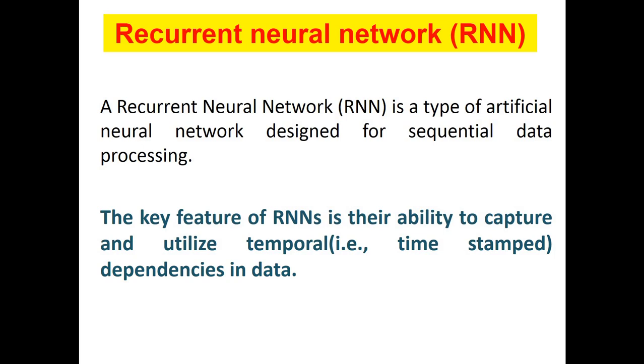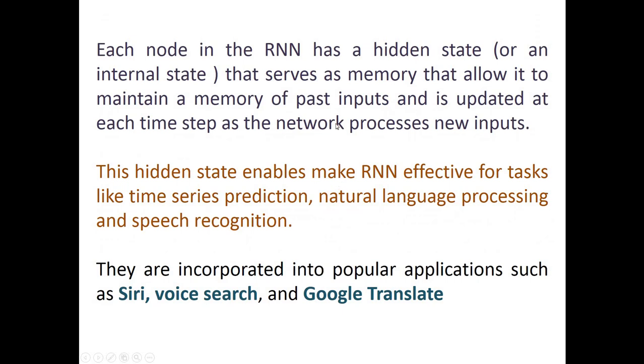Then you need RNN. The key feature of RNN is its ability to capture and utilize temporal, timestamp dependencies in data. Each node in RNN has a hidden state that serves as a memory. This is the first neural network which has a memory effect.